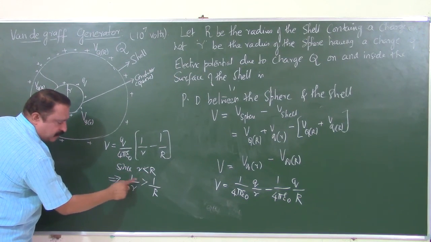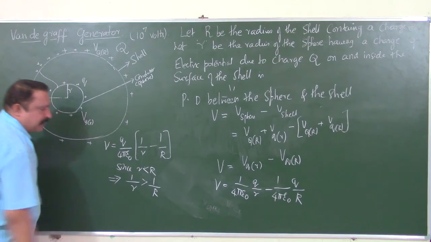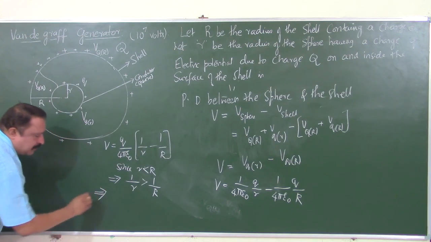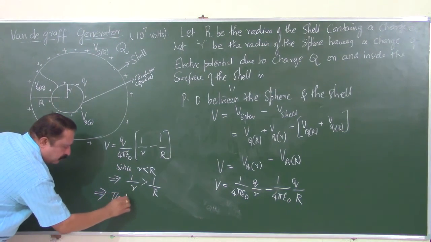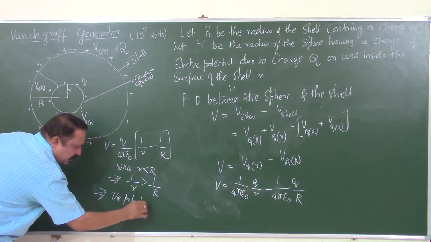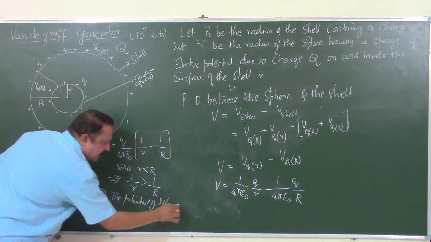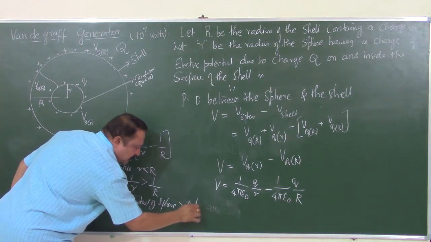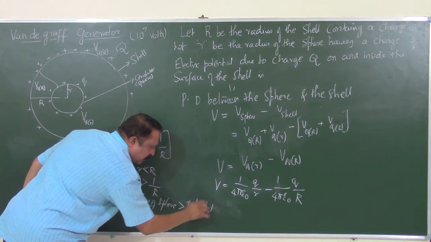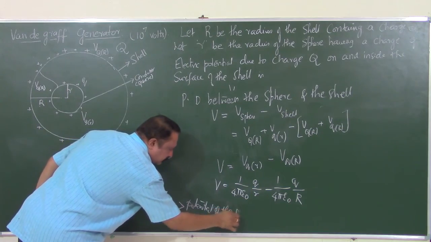It becomes greater, which means that the potential of the sphere is greater than the potential of the shell.